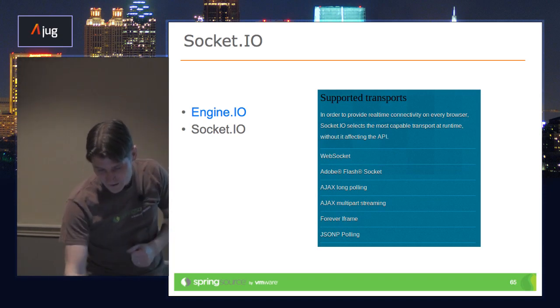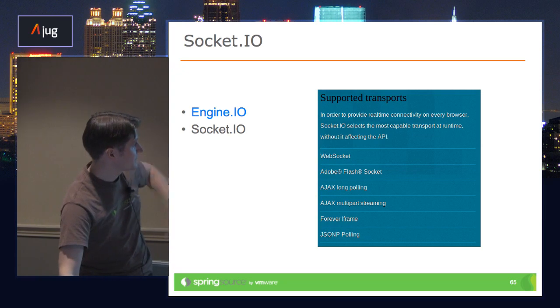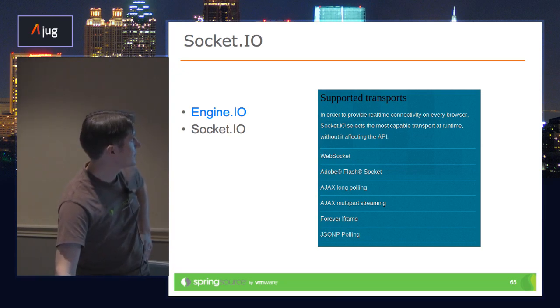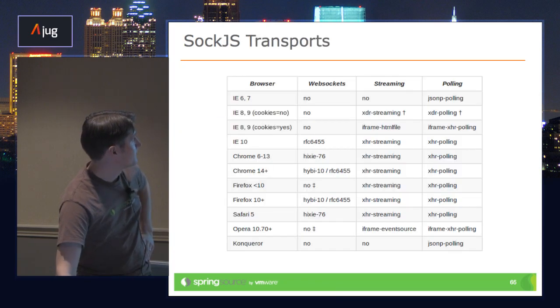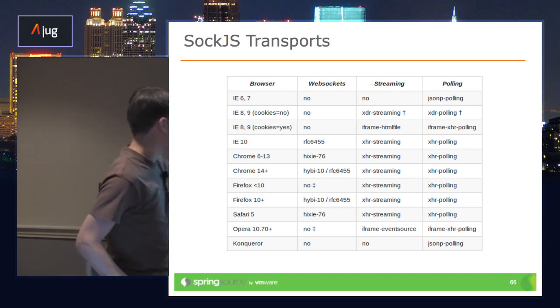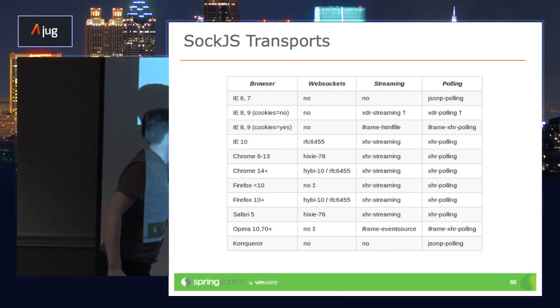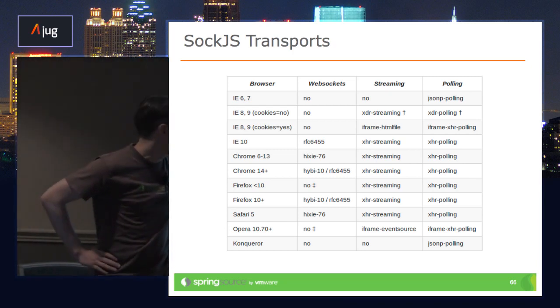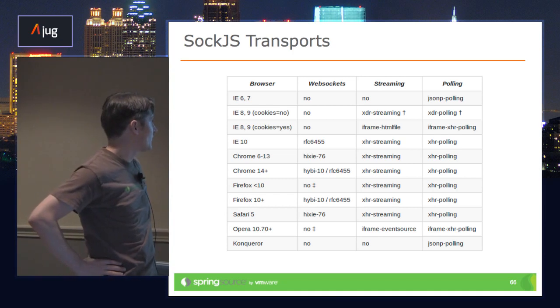And here's a little list of some of the fallback options that Socket.io provides, and a couple of SockJS's fallbacks. It also depends on some of the older WebSocket implementations and older Chrome browsers.